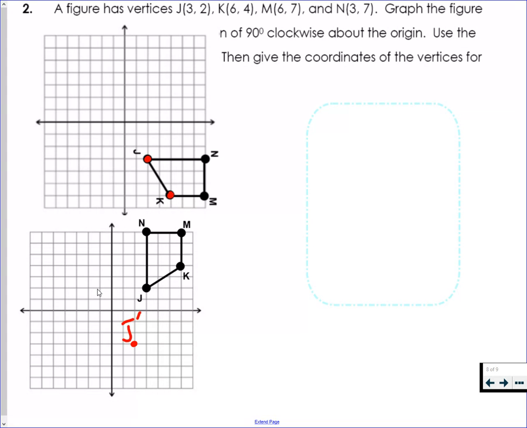K prime. M looks like it's at 7, -6. And then N looks like it's at 7, -3.